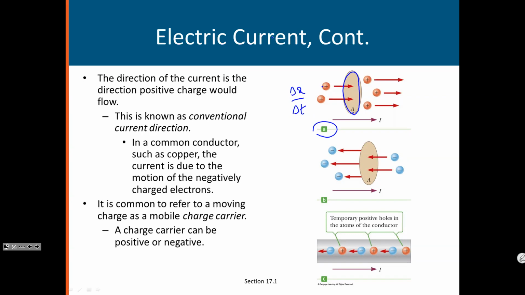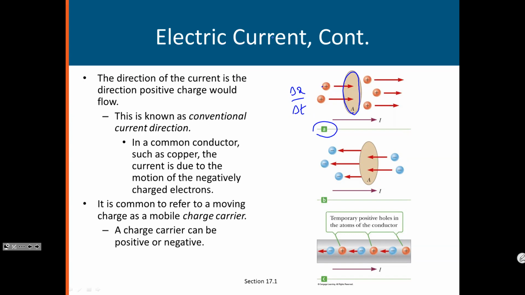So you see the convention is the direction of the positive charge flowing, but the current can be due to negative charge as well. It doesn't matter what the sign is. So what happens when a negative charge flows? The direction of the current is in the direction of the positive charge flowing.